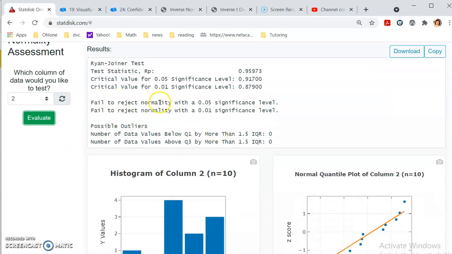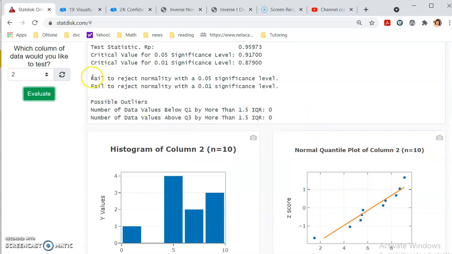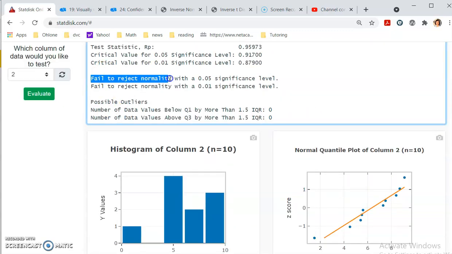So we fail to reject normality, that means it's normal, right? We have such small data, n equal to 10, so the histogram is not reliable. You primarily look at your quantile plot. The quantile plot is quite good. The points don't fluctuate a lot because you only have 10 points. But the most important thing is it says fail to reject normality, and there are no outliers. That means it is normal.